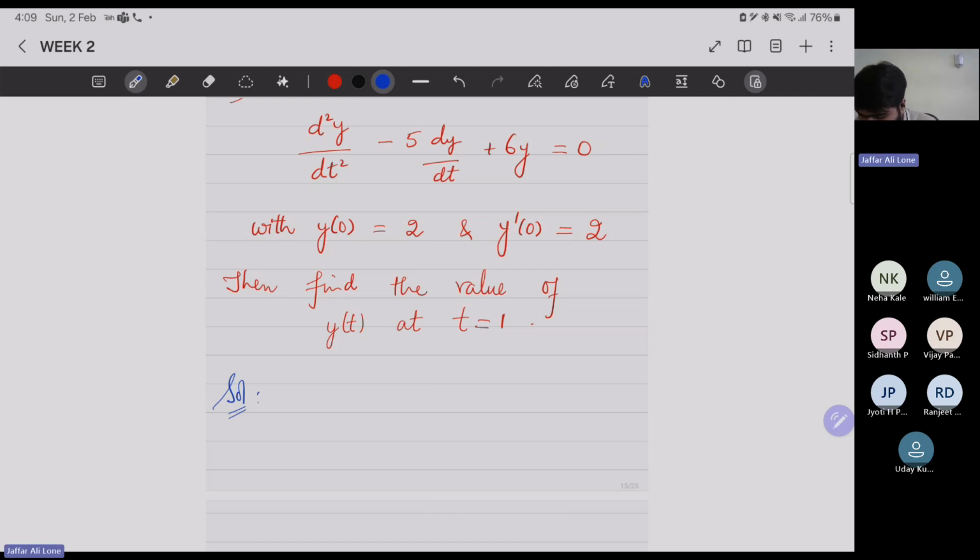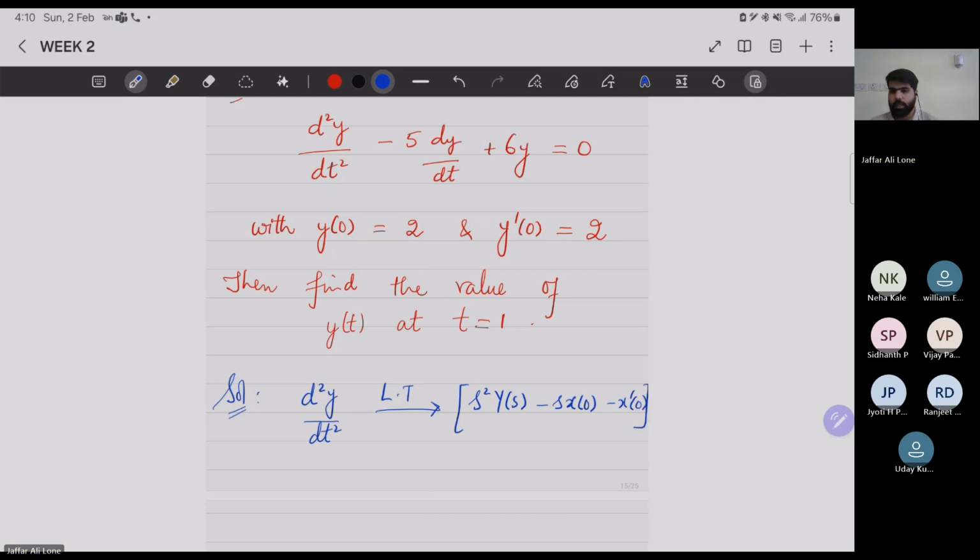You should know the property I explained: for d2y over dt2, if we take the Laplace transform, I should get s squared Y(s) minus s into y at 0 minus y dash at 0, right?